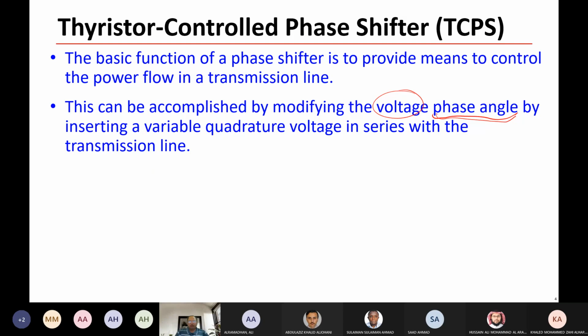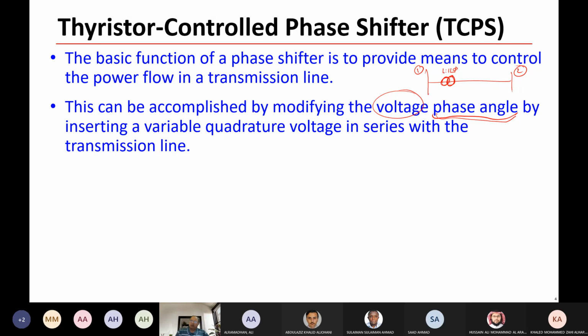So in order to make a phase shift, you have here the line, this is 1 and 2, and you have here a transformer. This is a phase shifting transformer, a device where you can have 1 with the angle phi. So this is the turns ratio of this transformer. This transformer makes only phase shift, which is phi.